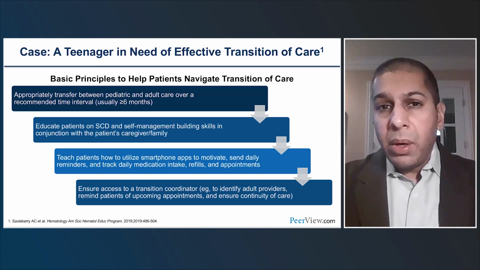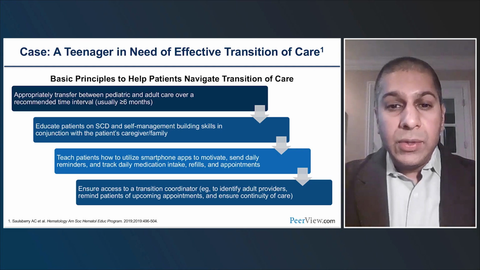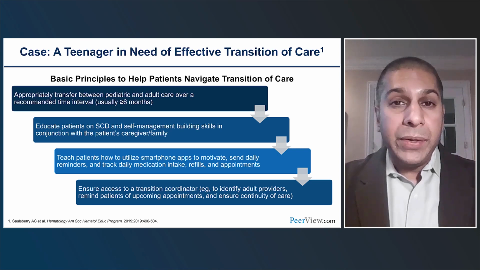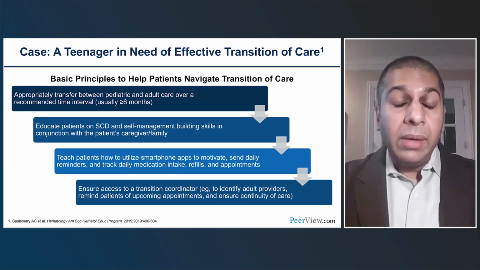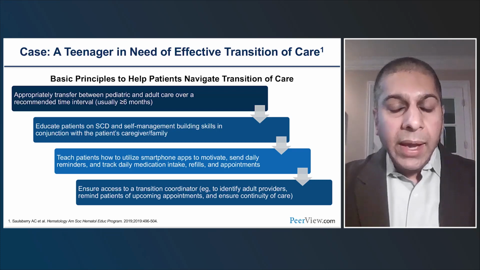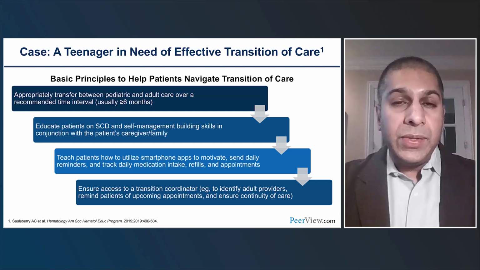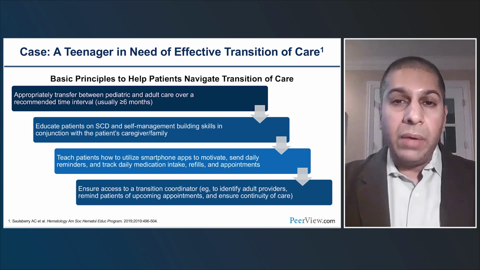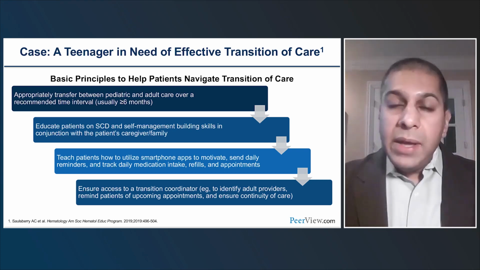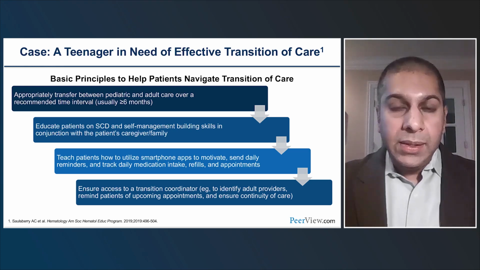And here, the smartphone can be a really useful tool to help with daily reminders for medications, also for when you need refills, and most importantly, for your appointments. And then some systems use transition coordinators that help bridge this transfer of care from pediatrics to adulthood, making sure that all of those things like insurance and refills are being maintained.